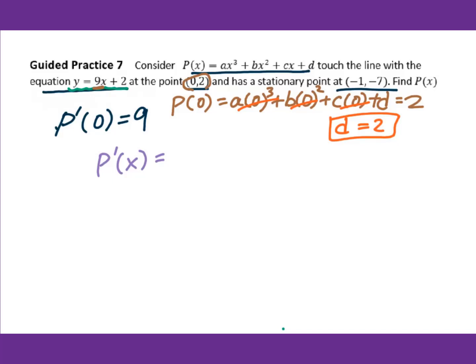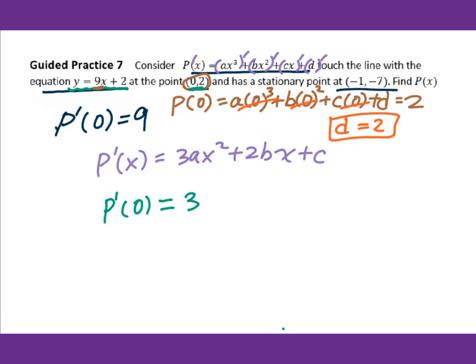Drop down the power, then minus 1, so we have 3ax squared plus 2bx plus c. Then we plug in 0 because it's at (0, 2).